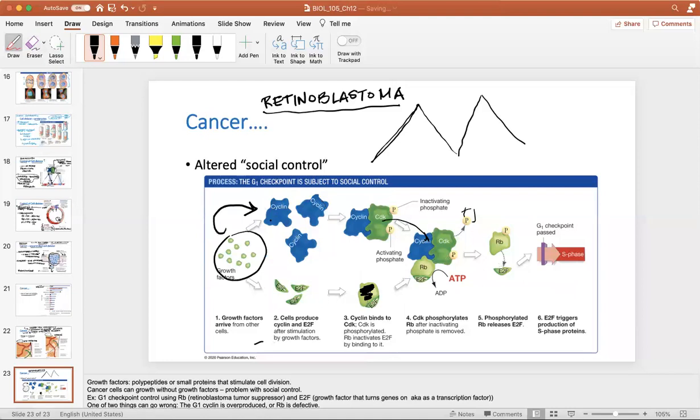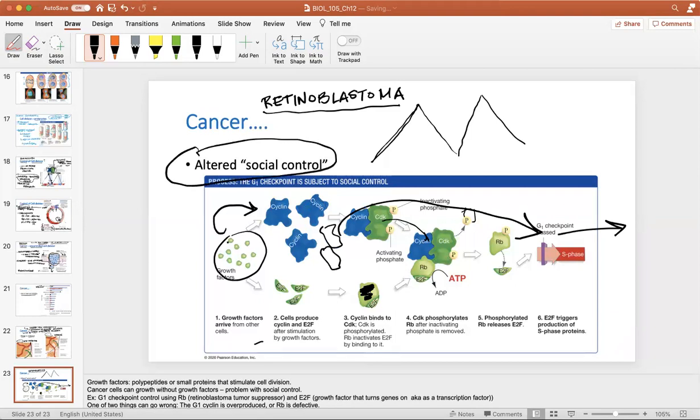So instead of producing the appropriate amount, it produces way, way more, which causes this to happen earlier, which means that you have more cell division. This is sometimes called altered social control, because these growth factors are considered social control. So when we see changes that result from growth factors, sometimes this is called altered social control.